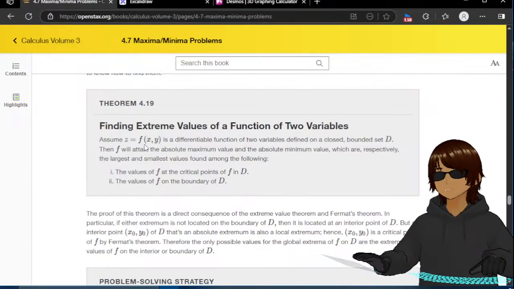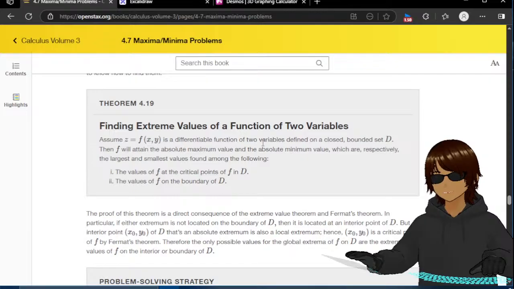Assume z is equal to f of x, y is a differentiable function of two variables defined on a closed bounded set T. Then f will attain the absolute maximum value and the absolute minimum value, which are respectively the largest and smallest values among the following: the values of f at the critical points of f in T.